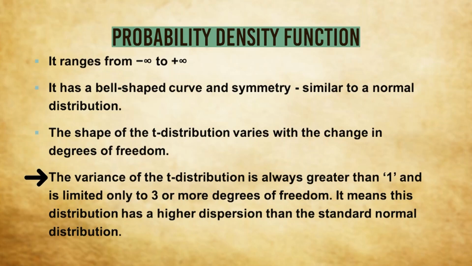The variance of the T distribution is always greater than 1, and it exists only for 3 or more degrees of freedom. That is, the T distribution has degrees of freedom greater than or equal to 3. It means that this distribution has a higher dispersion than a standard normal distribution.